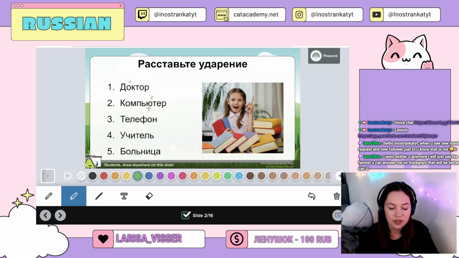Computer. The stress falls on letter U, but we have kind of semi-stress before the first syllable, but still there is only one stress in this word, the main one, and it falls on letter U. Next one, номер 3, телефон, a phone, telephone.